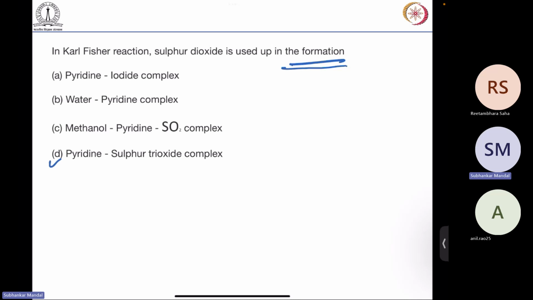Yeah, that is correct, because pyridine plus iodine plus sulfur dioxide, what does it form? Two molecules of pyridine NH plus iodine minus, and pyridine, or we can write C5H5N plus SO2 O minus, then it will be easier to understand.